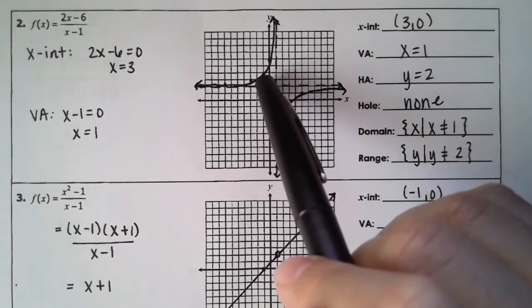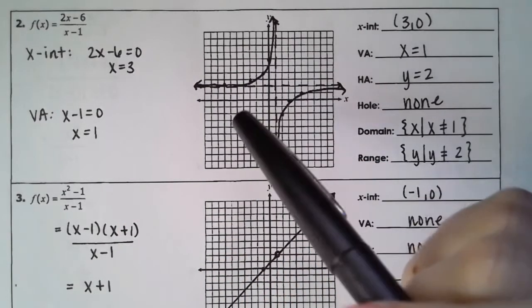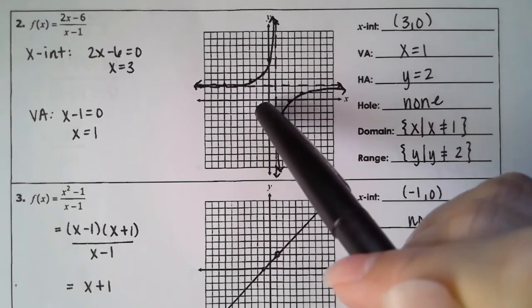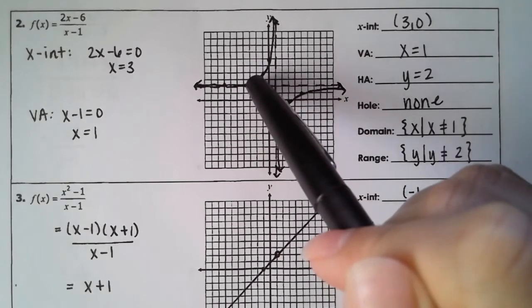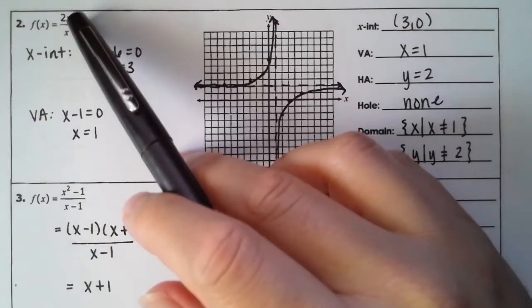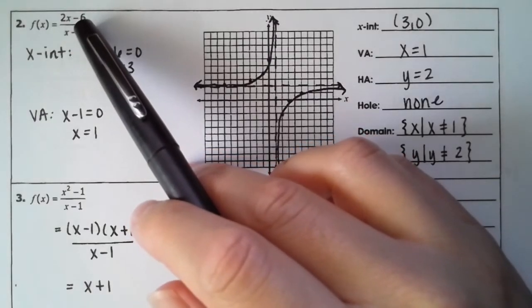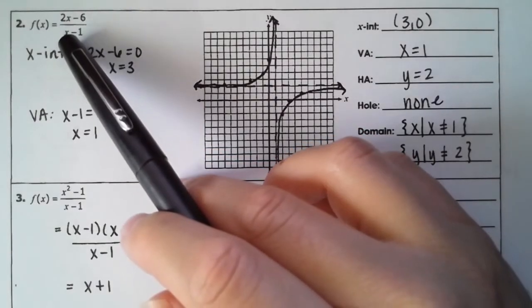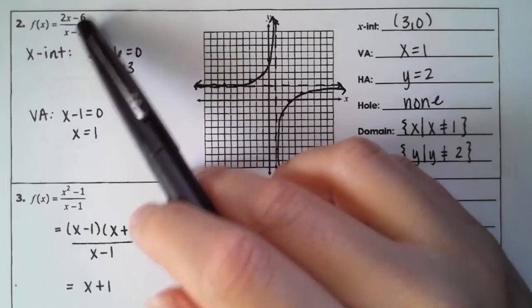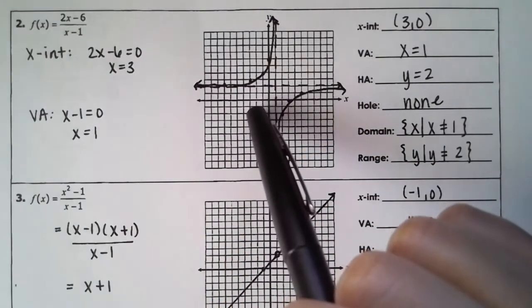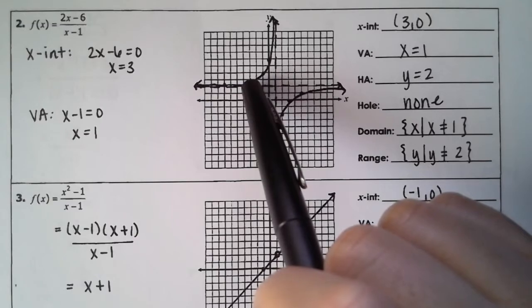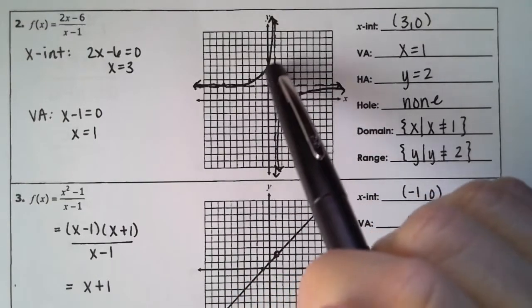So that's this point here. Let's take one more: negative 1, negative 2, negative 3 here. If I plug in negative 3, I'm going to get negative 6 minus 6, so negative 12, over negative 4, so I'm going to get positive 3. So that's going to be this point right here. Then I can stop right there, and I would just know that it looks like this.